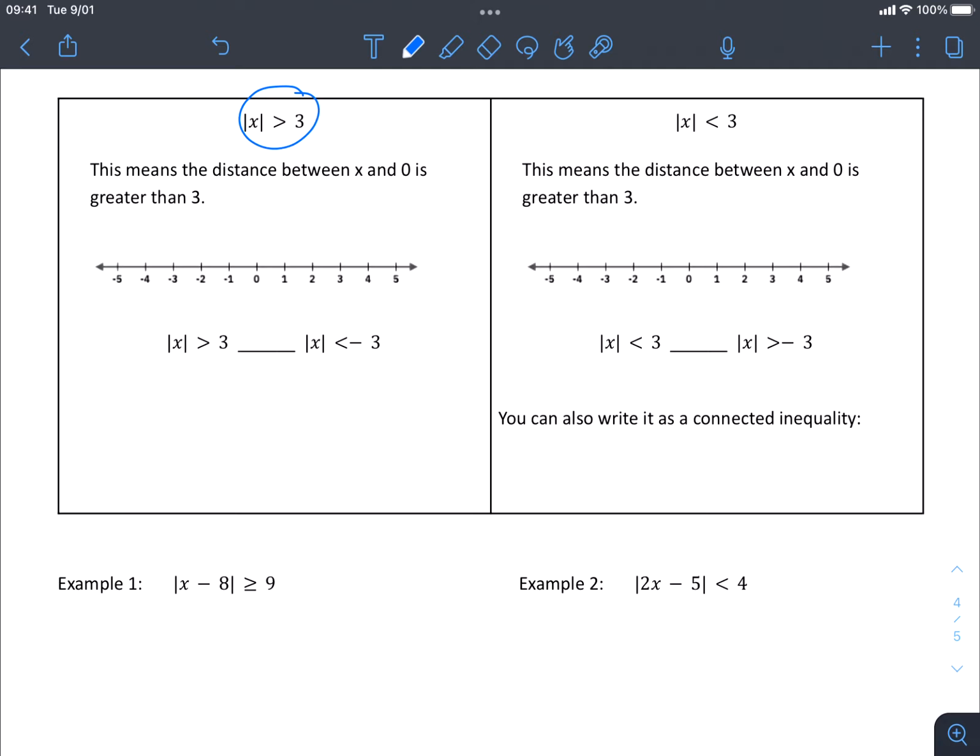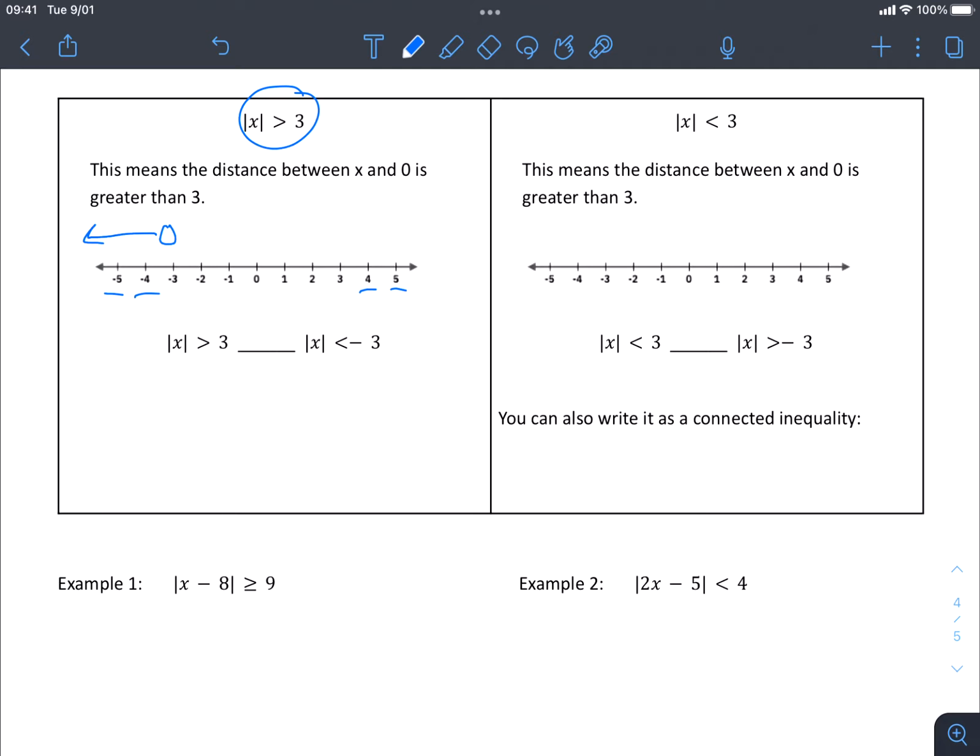So we're looking for numbers that have a distance between x and 0 that is greater than 3. Numbers like 4 and 5 and -4 and -5 are all more than 3 spaces away from 0.